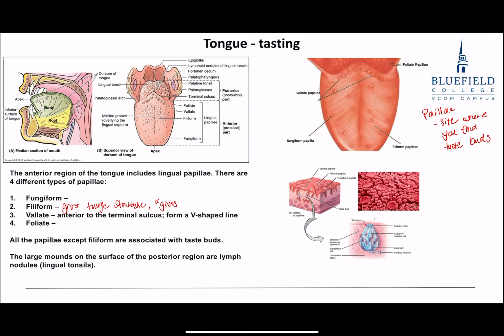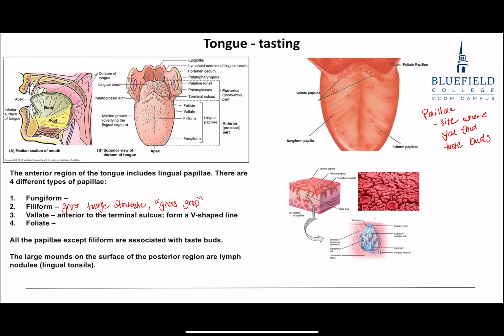But if we look at one of these fungiform papillae, like over here, we're just taking a little section of the tongue, and here's one of those fungiform papillae that's been sectioned through. It has this moat around it, but then along the sides of that papilla, you see these little blue areas, the histology of which is shown here, and you'll deal with histology, I guess, in the spring.